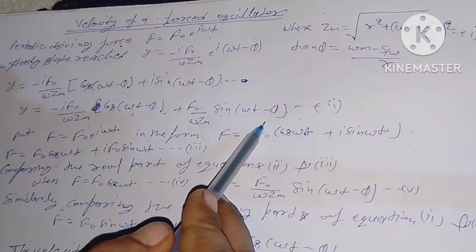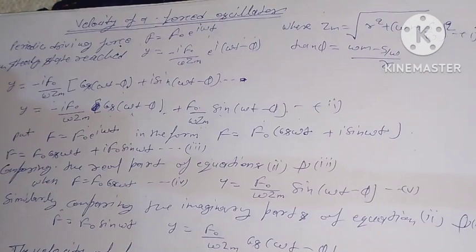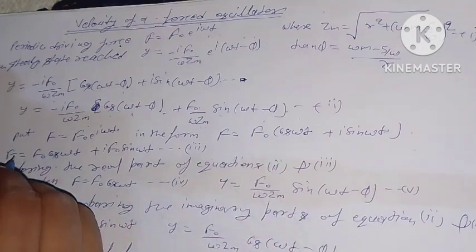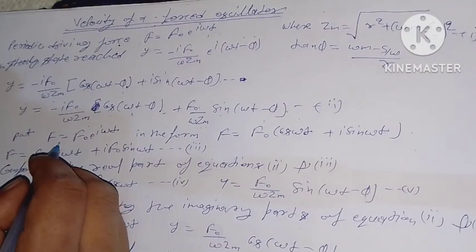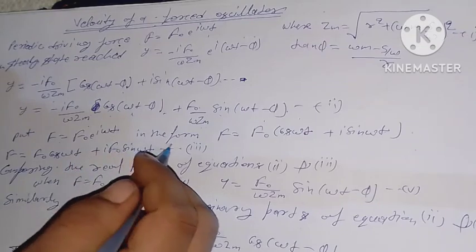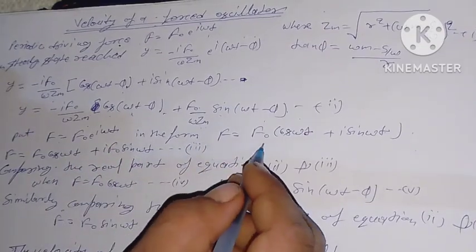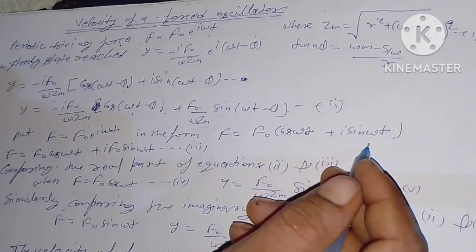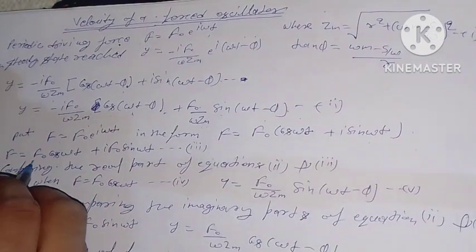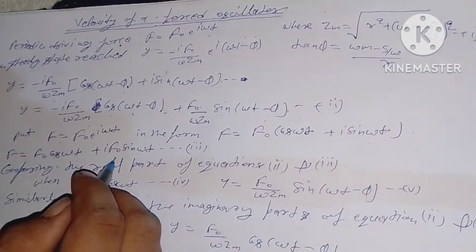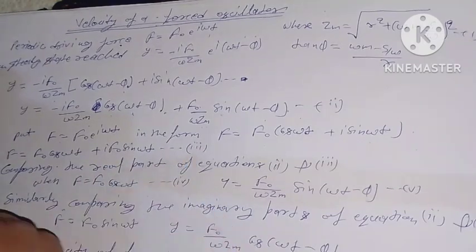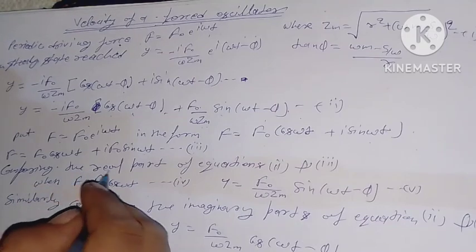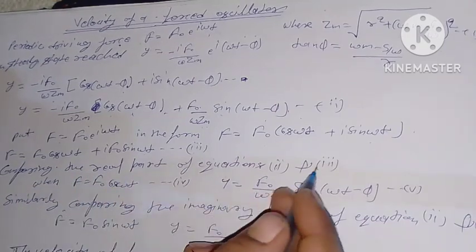This is equation number second. Put F equal to F naught e to the power i omega t in the form F equal to F naught cos omega t plus i sin omega t. Then F equal to F naught cos omega t plus i F naught sin omega t. Equation number third. Comparing the real part of equation number second and third.